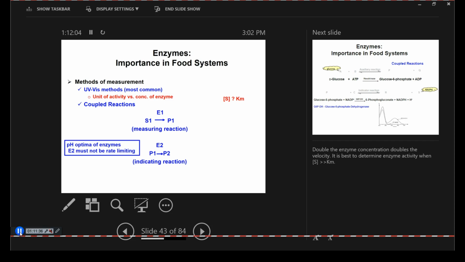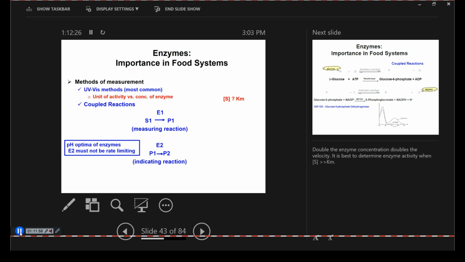And then the unit of activity, 1 unit for instance, relates to an amount of enzyme that will result in the production or the conversion of 1 micromolar of substrate per minute at specific conditions. That is what 1 unit means.